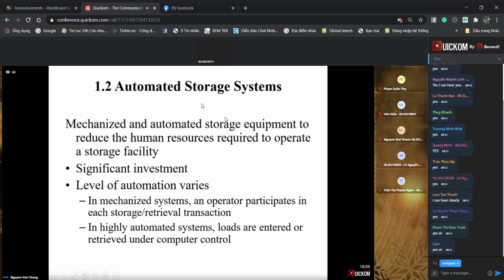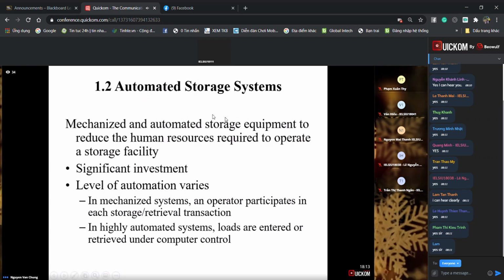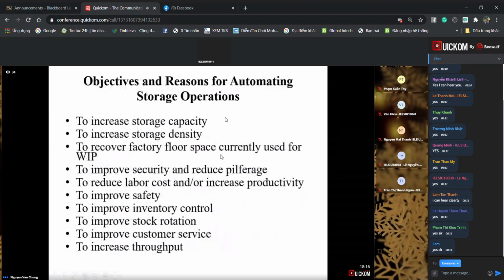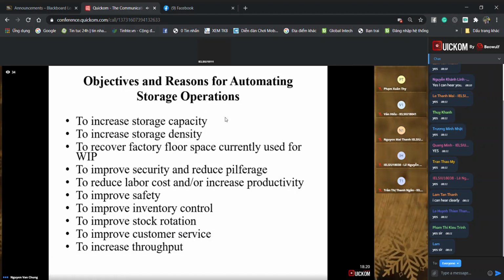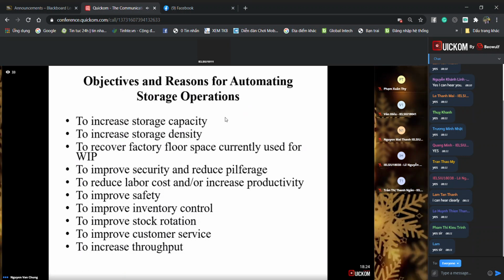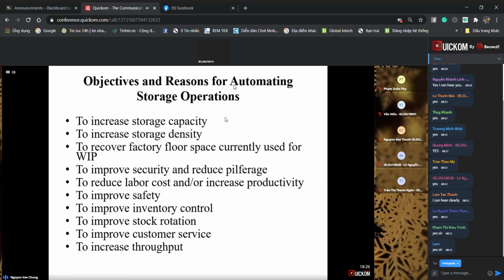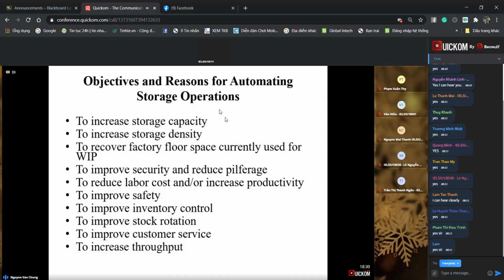Of course, now we consider only the automatic storage system, and the objectives and reasons for automating the storage operation.